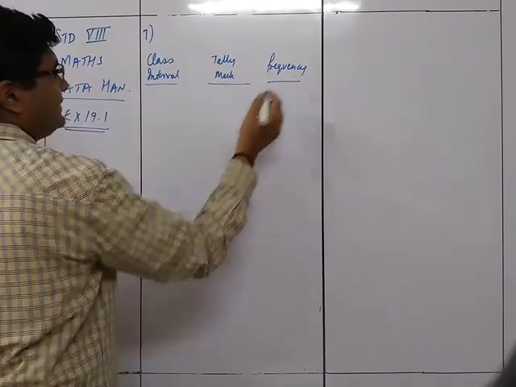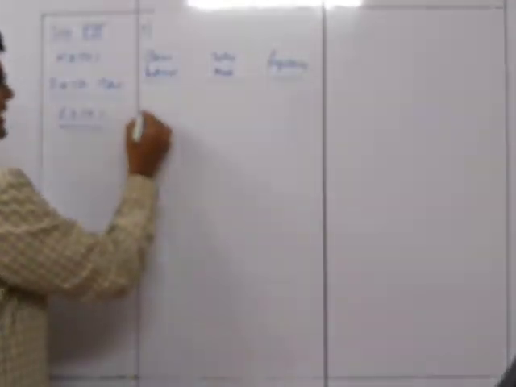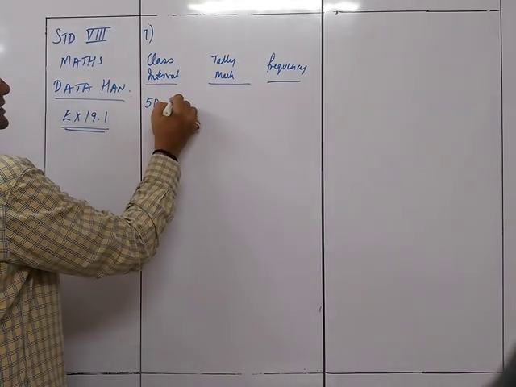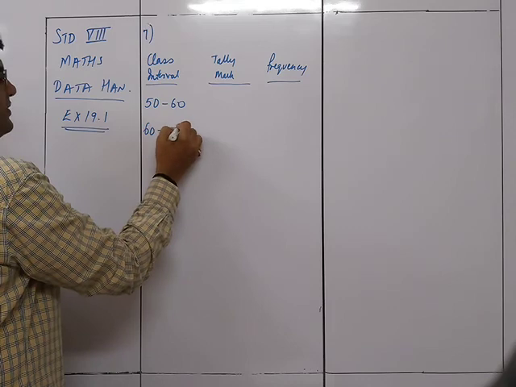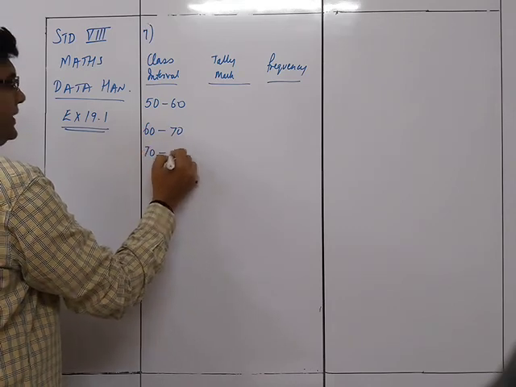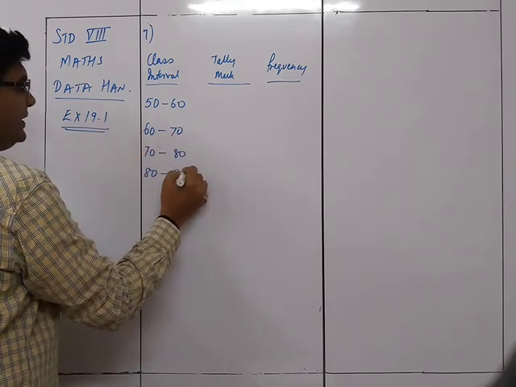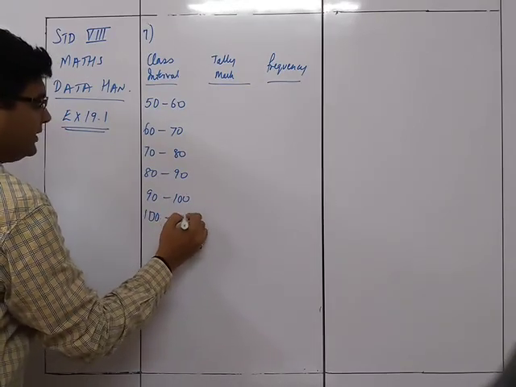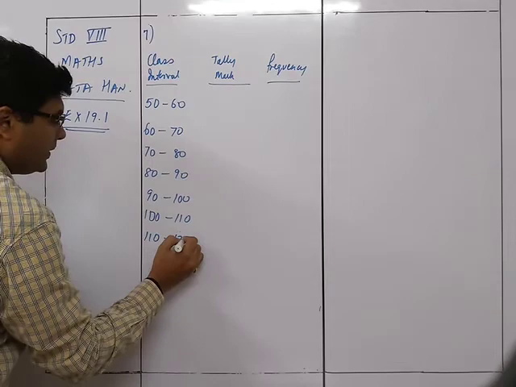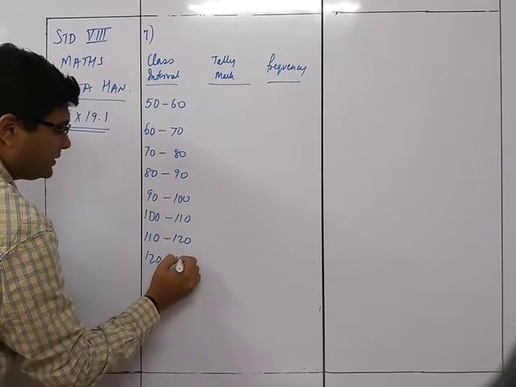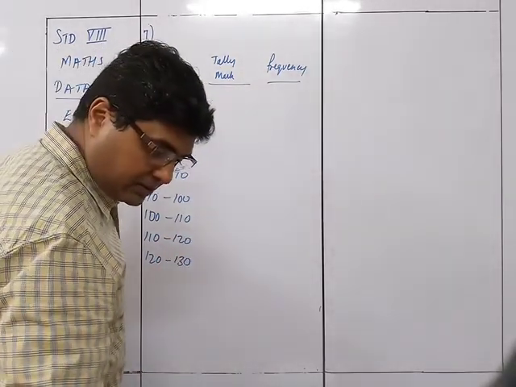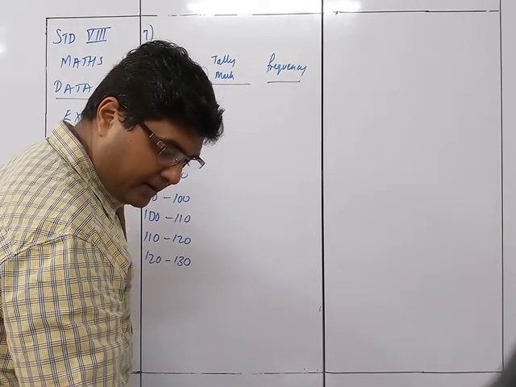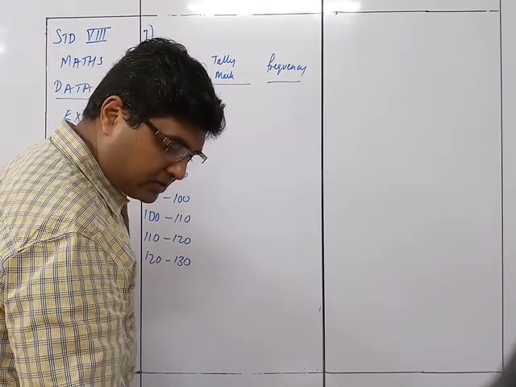The class interval over here starts from 50, so 50 to 60, 60 to 70, 70 to 80, 80 to 90, 90 to 100, 100 to 110, 110 to 120, 120 to 130. I think 130 should suffice because the biggest number is 129. I cannot see any 130s here.